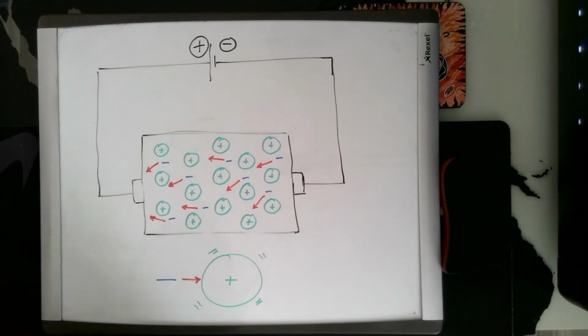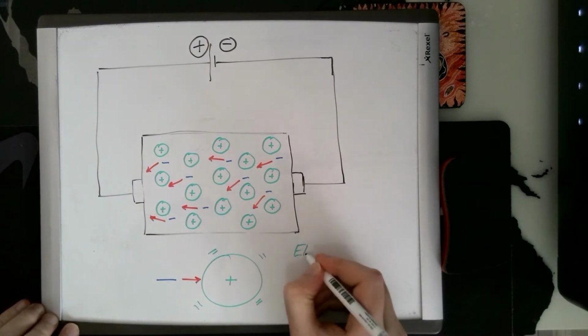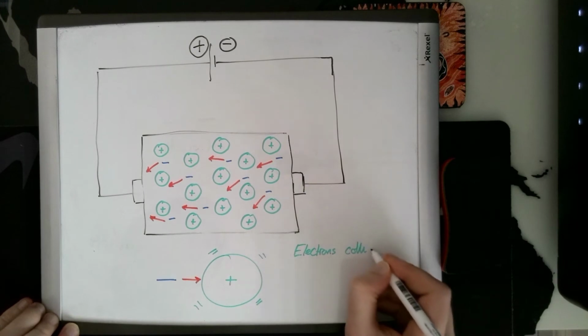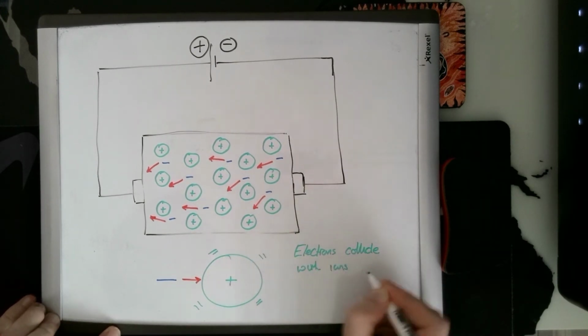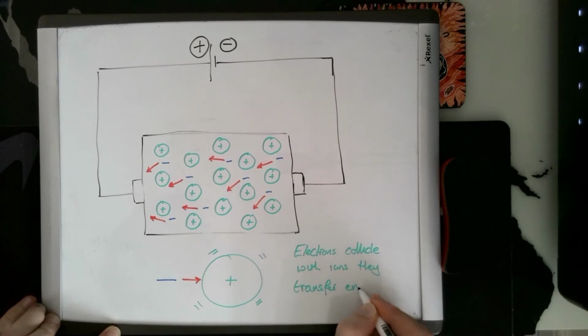And as we know, a vibrating ion is actually something that has more thermal energy. So as the electrons collide with the ions, they transfer energy, causing the material to heat up.